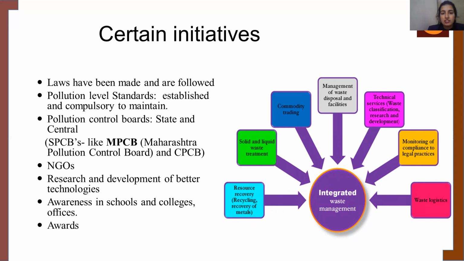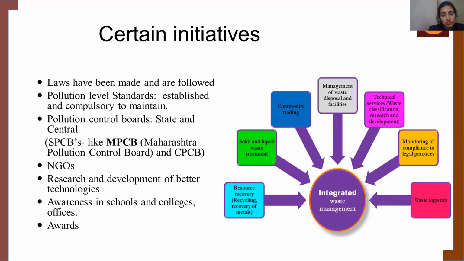Next are certain initiatives. Certain initiatives to reduce solid waste include that the 3R principle should be employed. Then solid and liquid waste treatment should be there. Commodity trading and management of waste facilities should be maintained.